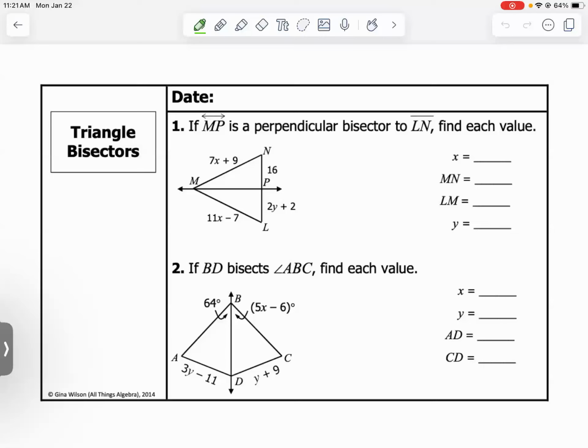Okay, Presley, in number 1, how did you set up to find X? Okay, awesome. Harvey, what did you get for X? Which means MN is what? 37?